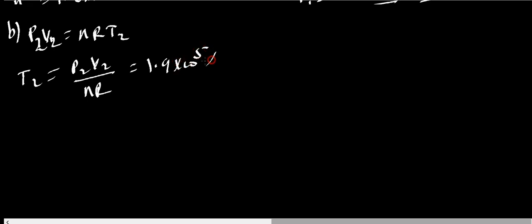From this, T2 is equal to P2 V2 over N times R. Then, having found P2, we get 1.9 times 10 to the power of 5 times 0.02 divided by 1.5 times 8.31.